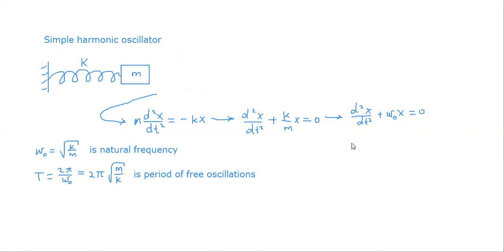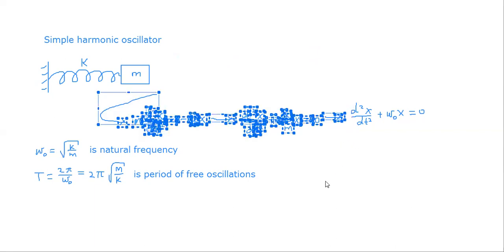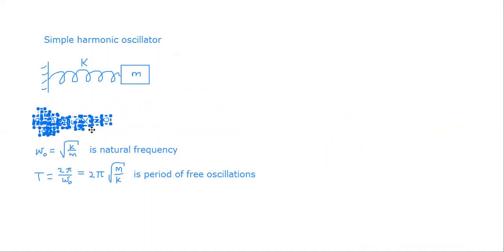No questions. So for the simple harmonic oscillator, we have obtained the differential equation of free oscillations, and we have obtained the natural frequency and the period of free oscillations.